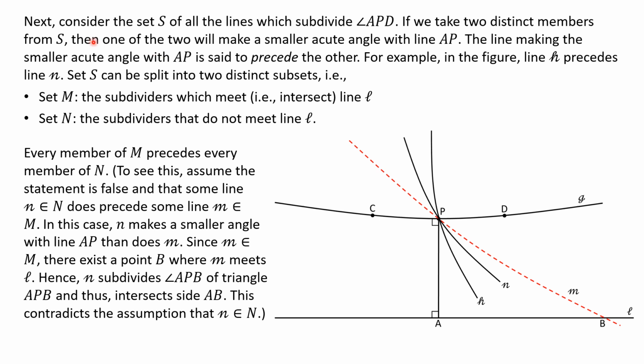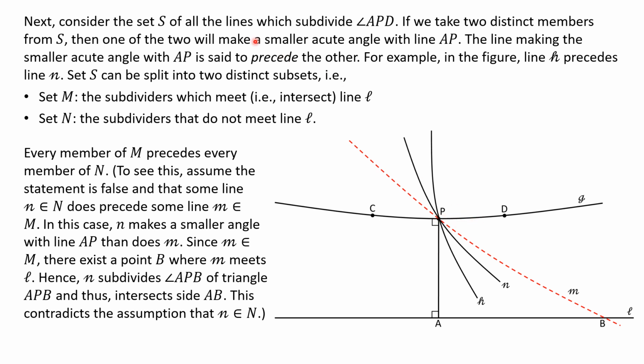So let's take a similar figure that we've seen now in several slides. We have a line L and a point P, and we drop a perpendicular from P down to L and it intersects at point A. We have a line G here that is a unique line that makes a 90-degree angle with AP.